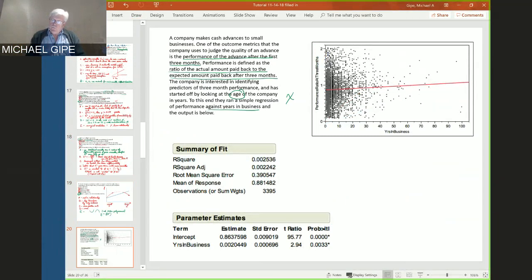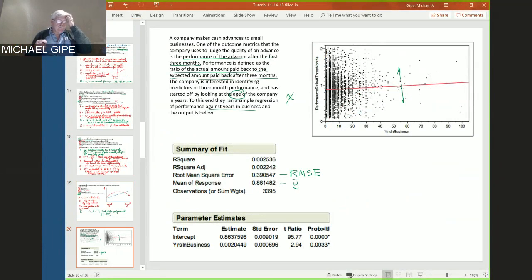We have root mean square error. That's RMSE, right? That's a measure of the variance of Y above and below the regression line. The mean of response, remember what that is. That's Y bar.